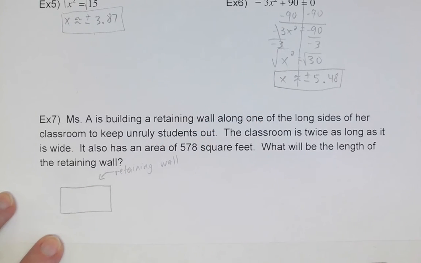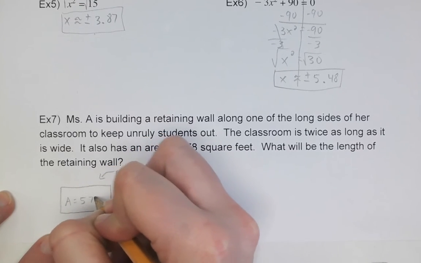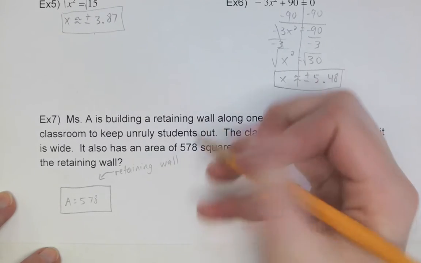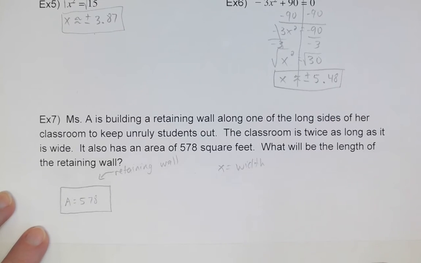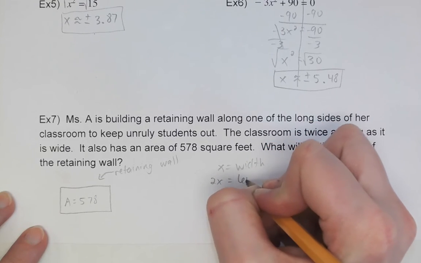So here's where my retaining wall is going to go, and then I know that my area is 578 square feet. Okay, we also know that it is twice as long as it is wide, but we don't know how wide it is. So I'm going to say x is going to be the width. And then if the length is twice that, I'm going to say 2x has to be the length.